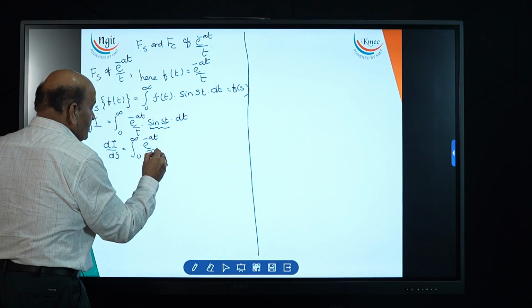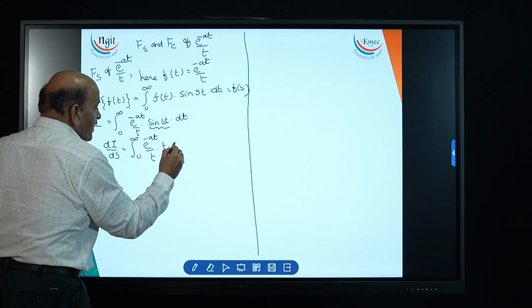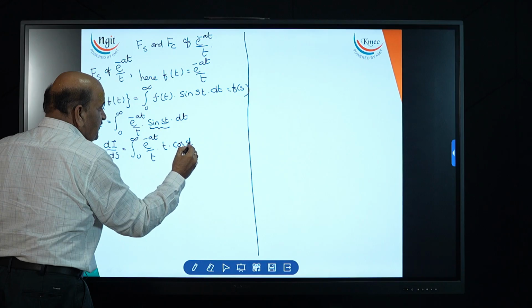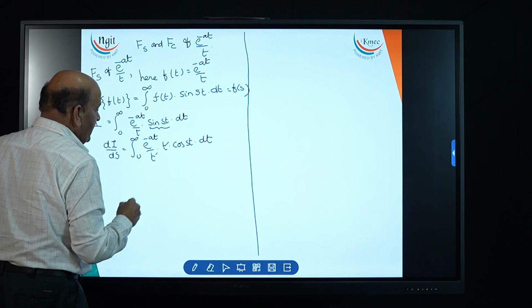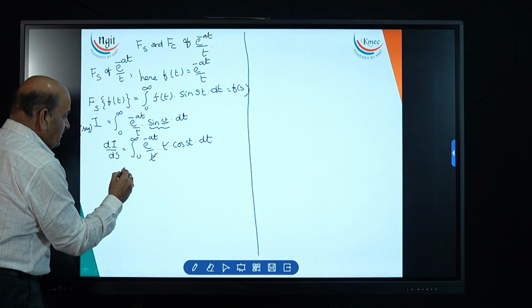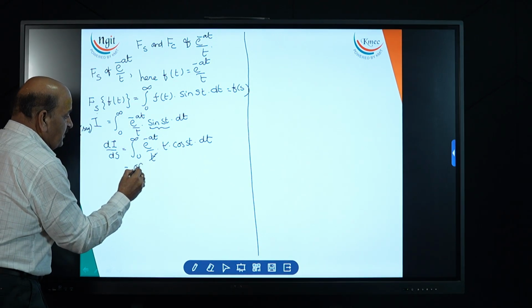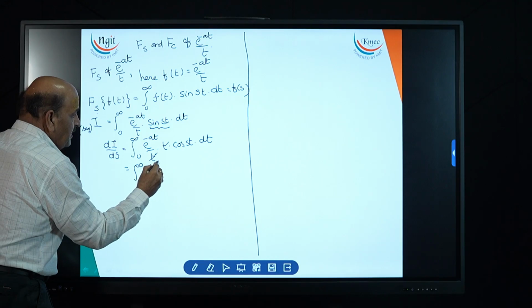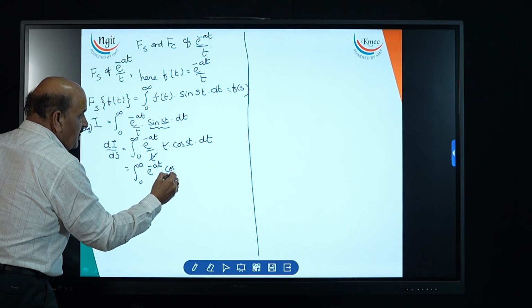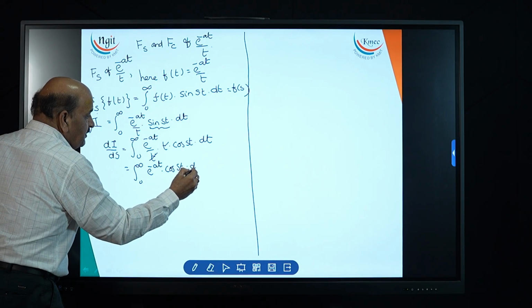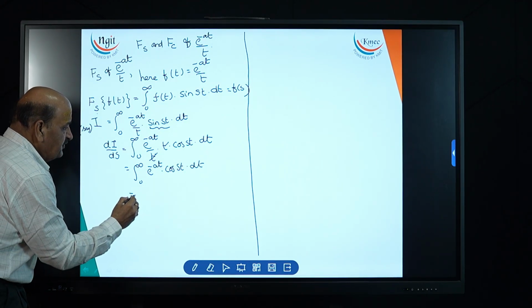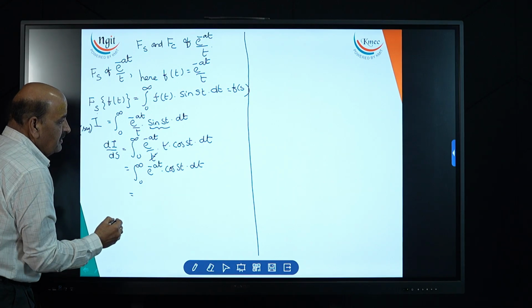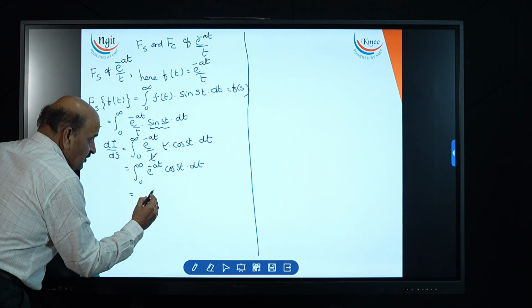So here t will come out. The sin st will become cos st. The remaining everything is the same. Now this t will be cancelled. Now this is equal to integral 0 to infinity e power minus at into cos st dt. Now this is equal to, applying the direct formula, which one?